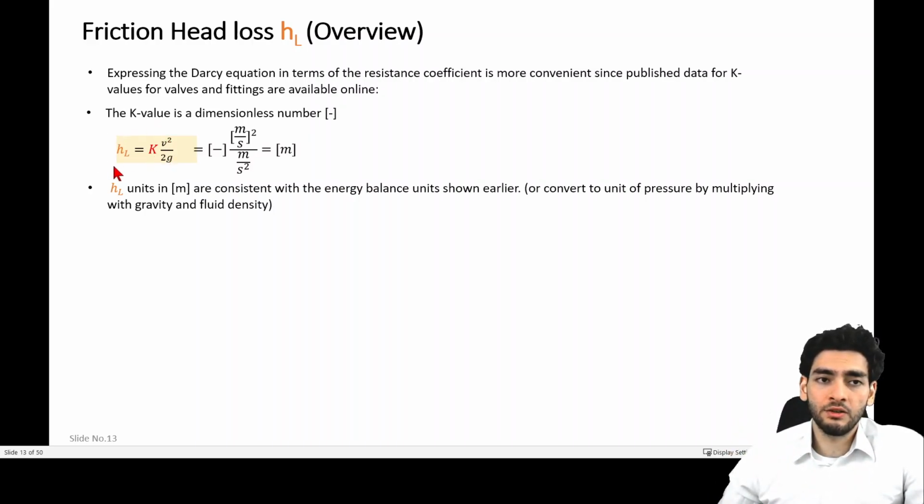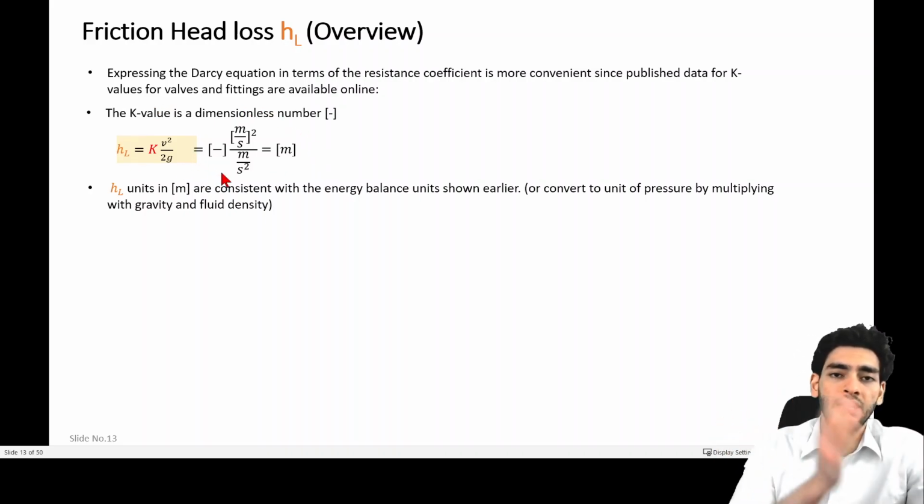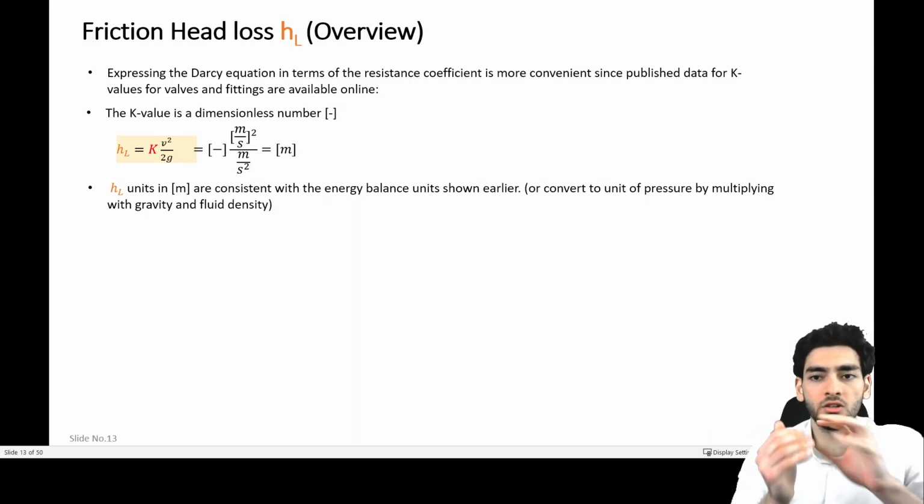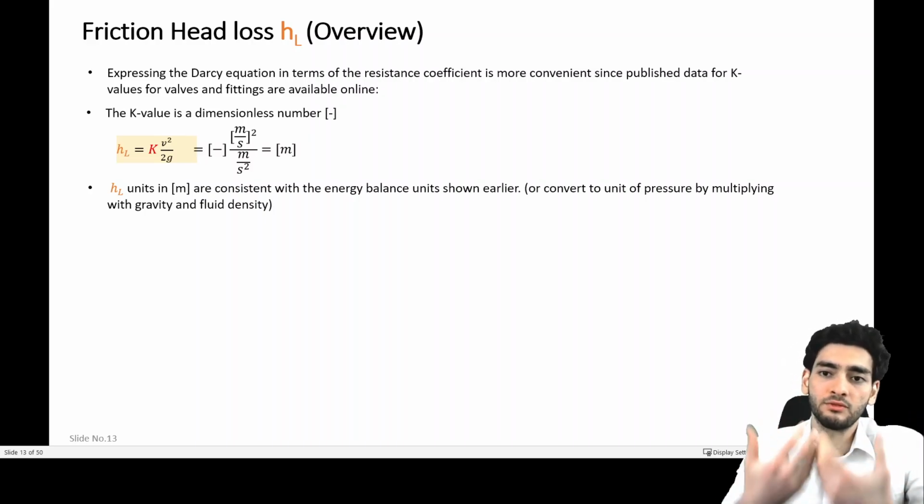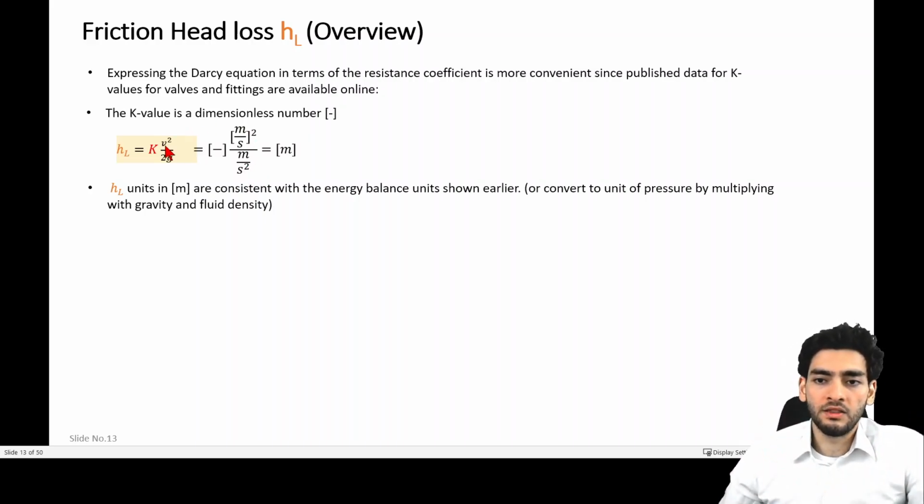And if we look at the friction head loss term, the units for it, we said previously in chapter 2 that it must match the other terms in the energy balance equation in terms of units. So the velocity squared would be meters squared per second squared, and the gravity units is meters per second squared.